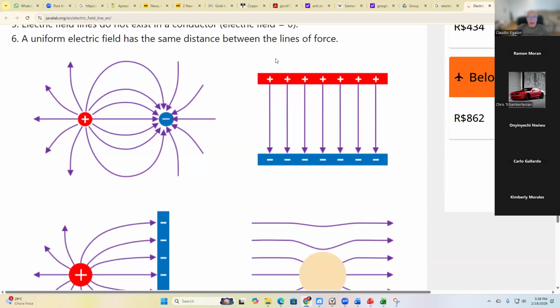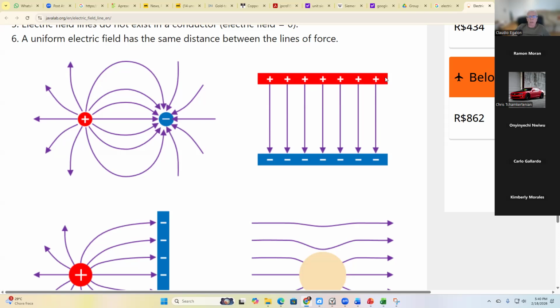Here is the case of the electric field lines representation, not of point charges, but of a continuous distribution of charges. Imagine having an infinite number of negative electric charges very close to each other, and an infinite number of positive charges, right?